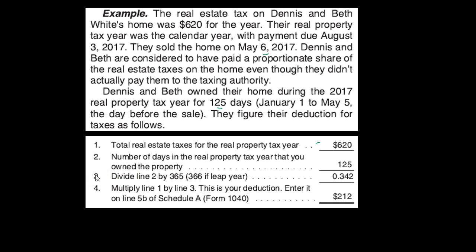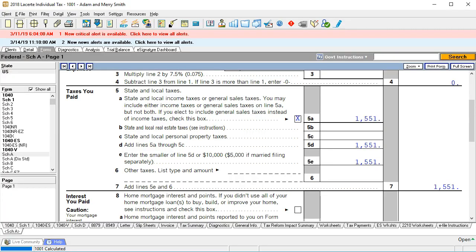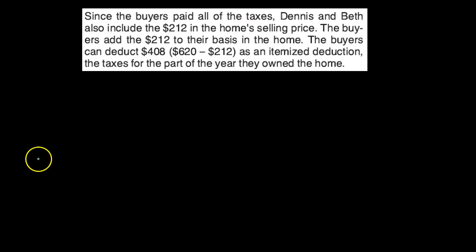So 125 divided by 365, or 366 if it was leap year, gives us, in our case, the 0.342. And then line 4 says multiply line 1 times line 3. This is your deduction entered on 5B of Schedule A. So then we would take that amount. That's what we would use then to go to the Schedule A, put that on 5B, which is the state and local real estate taxes.